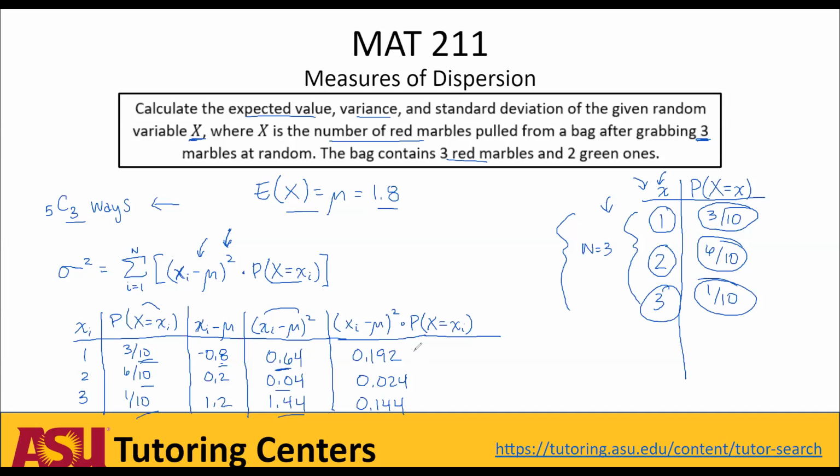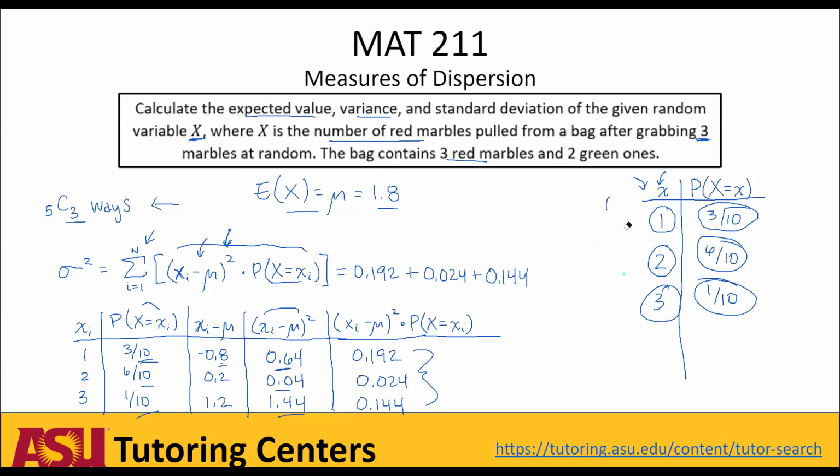Now, all we have to do is sum up these three values because we've calculated everything inside of the brackets here. Now we just have to use our summation to add these all together. So this equals 0.192 plus 0.024 plus 0.144.